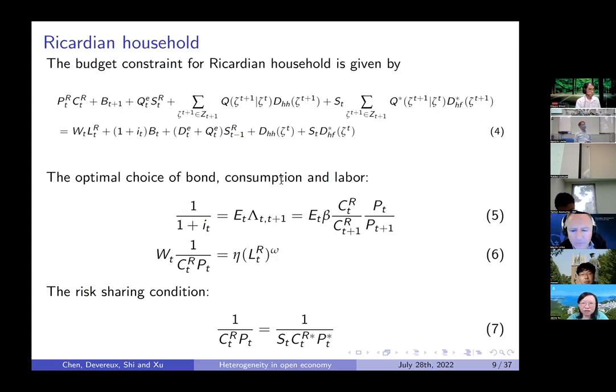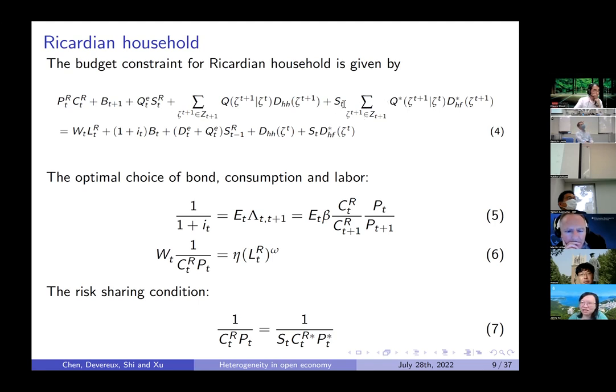Budget constraint. So the recording household is going to consume. Okay, so this is CTR, that's the recording household consumption. They are going to borrow in the domestic market, BT plus 1. And then they are also going to borrow in the complete domestic and international market. So this term, and then also this term is going to give us the complete asset market.